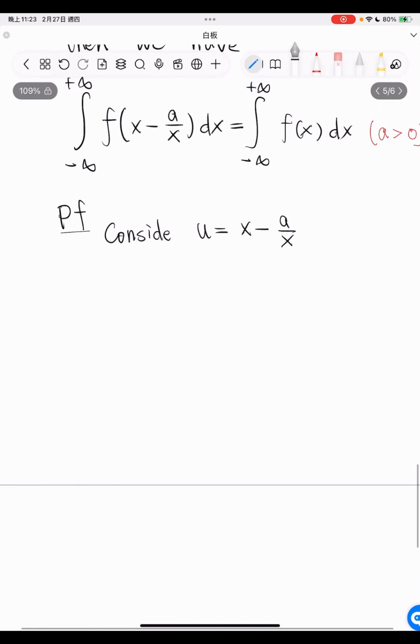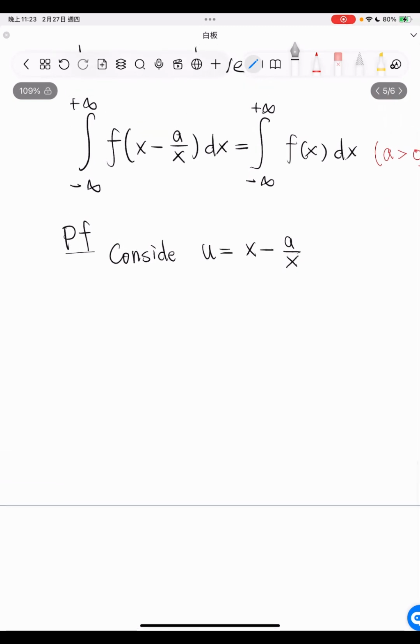Then we can multiply by x on both sides. We get u times x is equal to x squared minus a, and we will get x squared minus ux minus a is equal to 0.